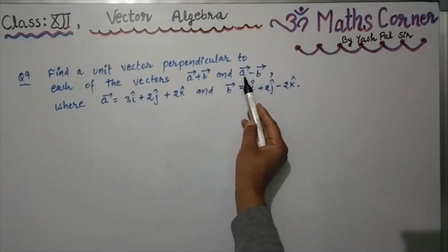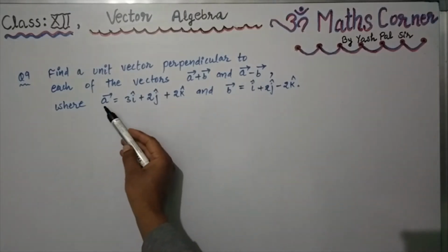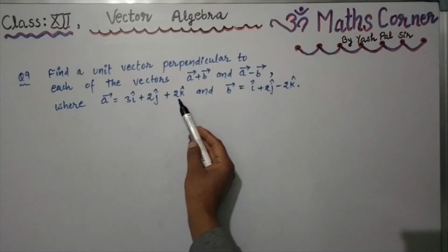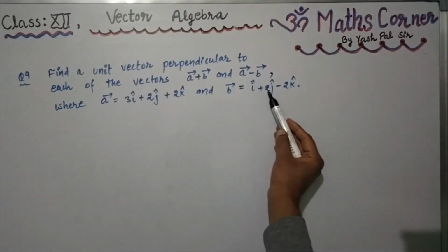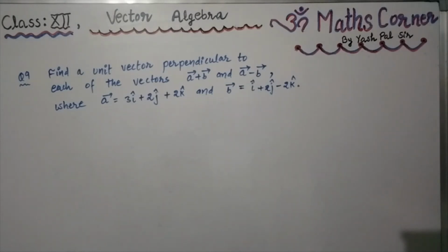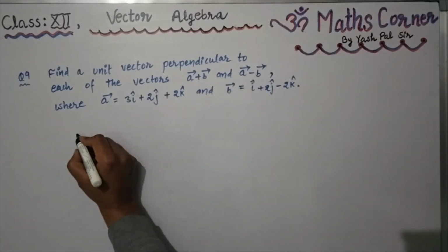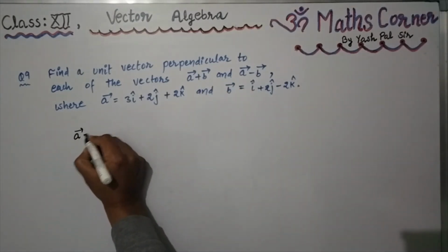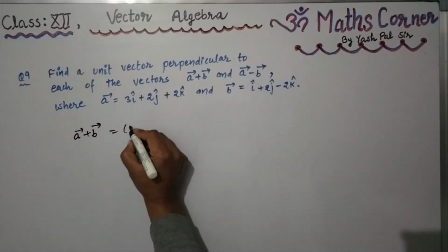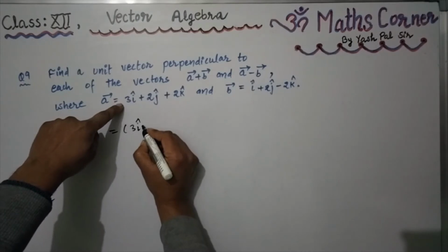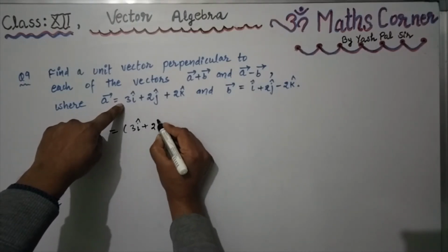Question number 9. Find a unit vector perpendicular to each of the vectors, vector A plus vector B and vector A minus vector B, where A vector is equal to 3i plus 2j plus 2k, B vector is i plus 2j minus 2k. Here first of all we find A vector plus B vector.